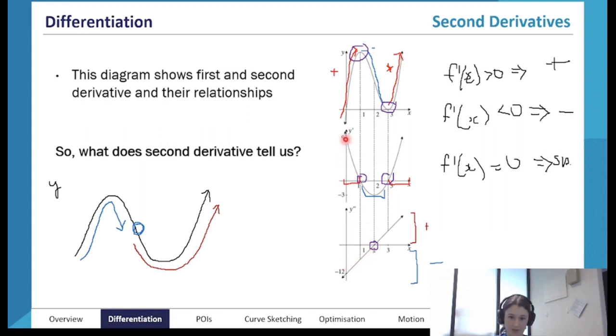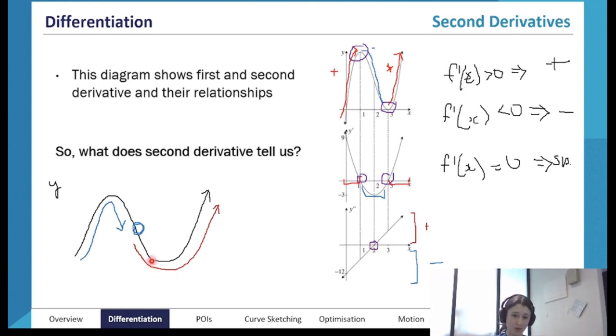In the section where the gradient is decreasing, so this section in here corresponds to this section here. Then at this little dot in here, this is when the second derivative has an x-intercept. So as you can see in here, this is the point where the concavity changes, and this is when the second derivative has the x-intercept.